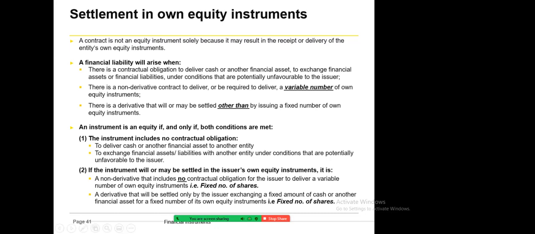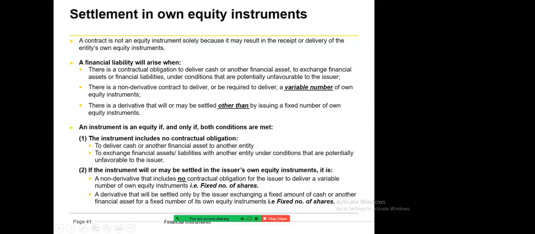Now let's see the variable number that I was discussing. There is a non-derivative contract to deliver or be required to deliver a variable number of own equity instruments. As I mentioned in the second example of debentures, against those 200 debentures you will be getting equity shares, but you will be able to determine the number of equity shares only on the basis of the price of the equity shares that will exist on that date.